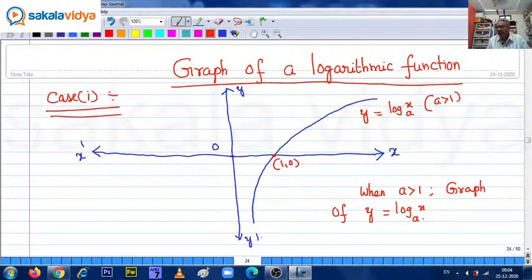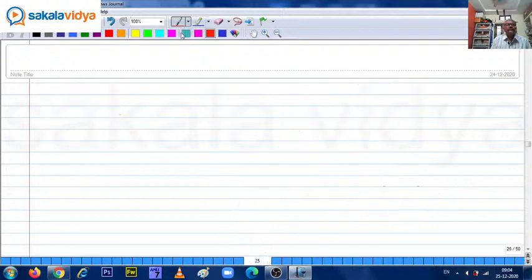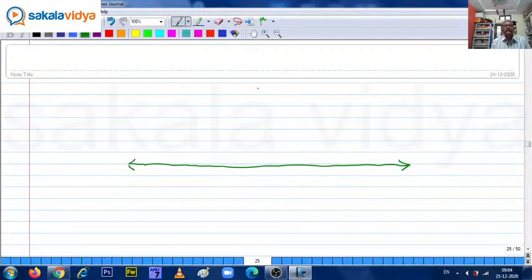Okay, next graph, case 2. This is the x-axis, this is the y-axis, x dash, this is the origin, y dash.